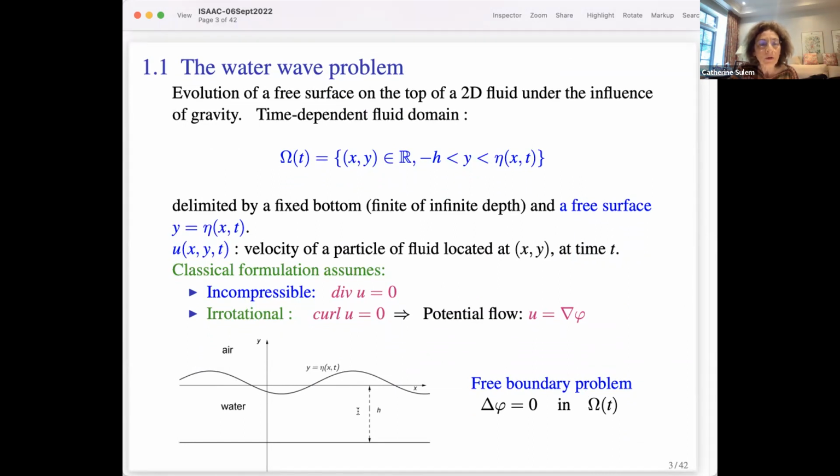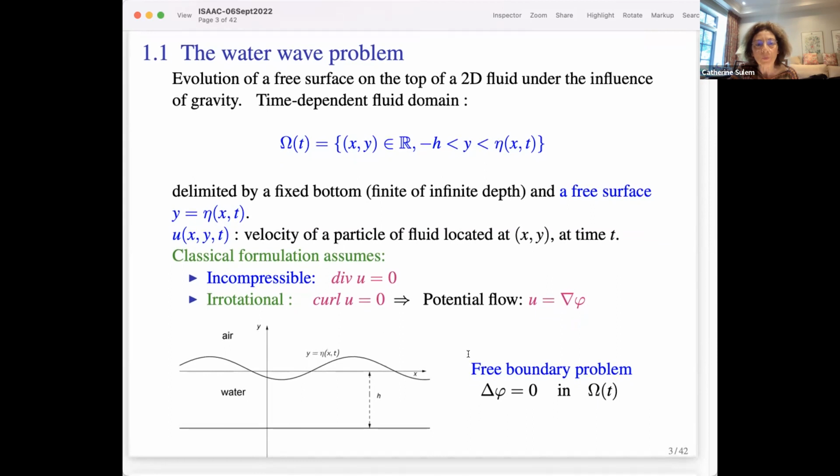In the classical formulation of the water wave problem, the fluid is assumed to be incompressible and also irrotational. That's an approximation often done in oceanography, when oceanographers are particularly interested in the propagation of waves and not so much of the vorticity or vortices.